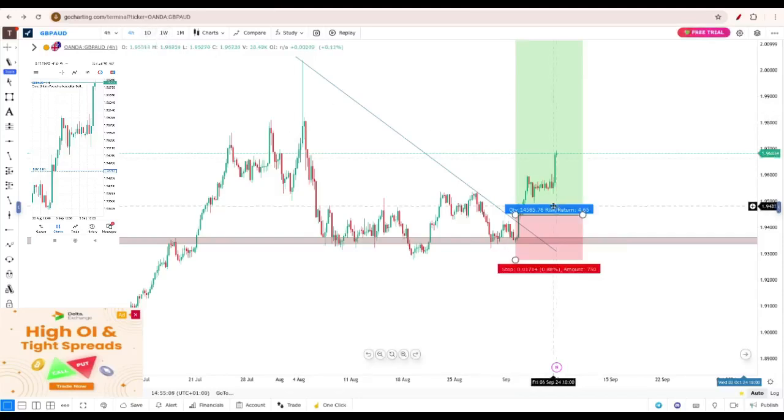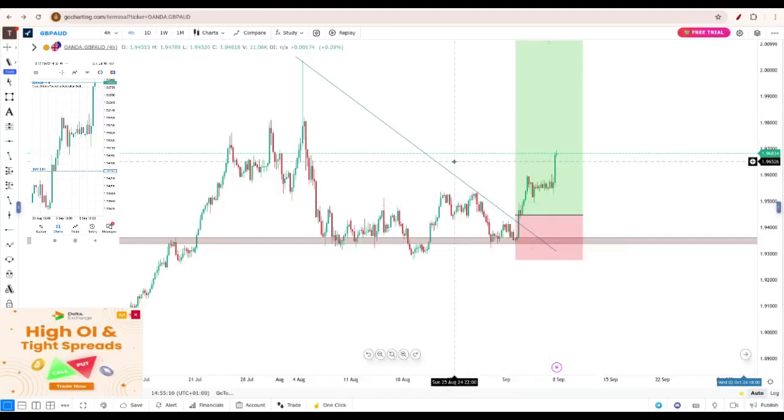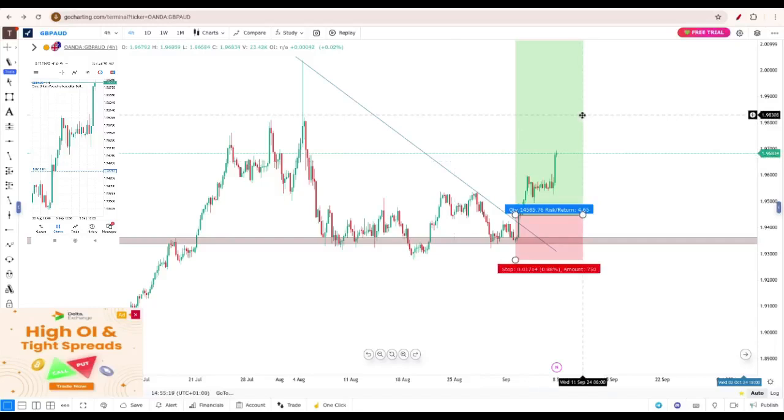So this is where I enter, and it's very important to know that whenever you enter a trade like that, just close your system and forget about it. Have it at the back of my mind that whatever I'm risking is out of my balance. On this trade, I risk 2%.